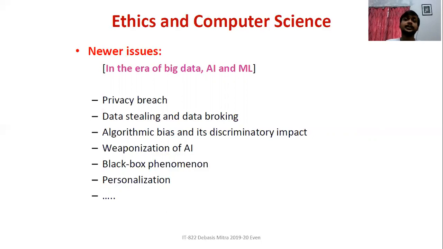The inability to explain the final decision to the end user, the black box phenomenon, personalization related with intellectual isolation, and redlining. These are coming up as newer issues. I mean, nobody would have thought this type of thing would be coming 5 years or 10 years back.